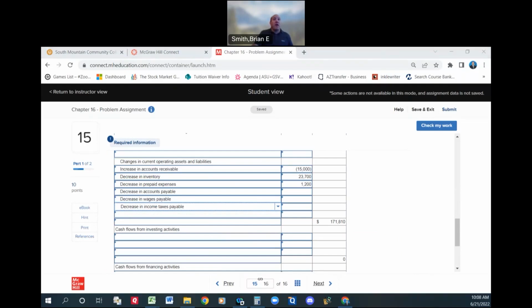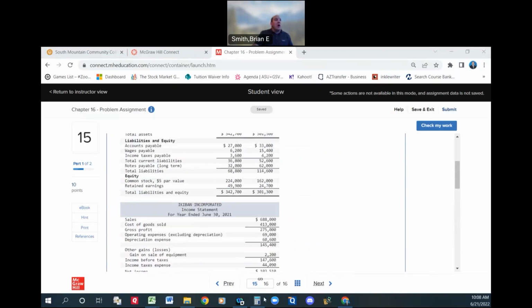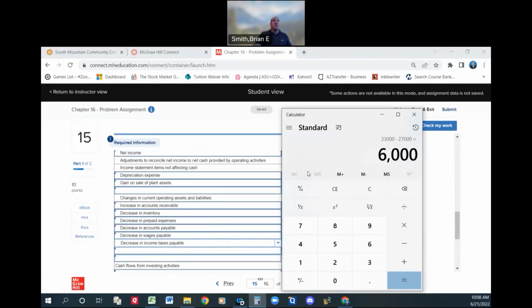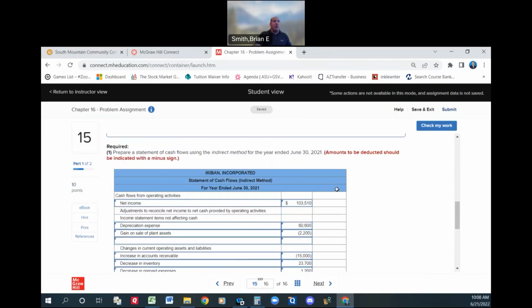All right, now let's go find out how much we had in each one of those. Accounts payable was a decrease by 6,000. So let's go do that. Since it was a decrease, we're going to decrease it because it's the opposite with the liabilities.